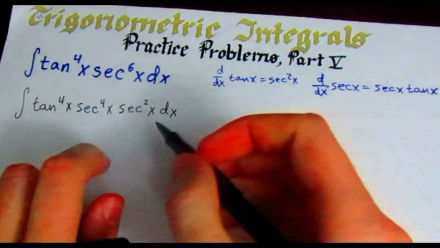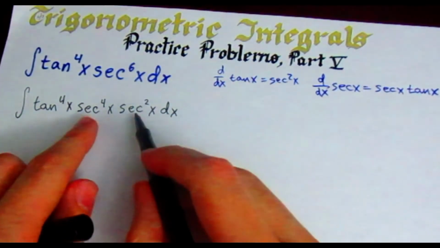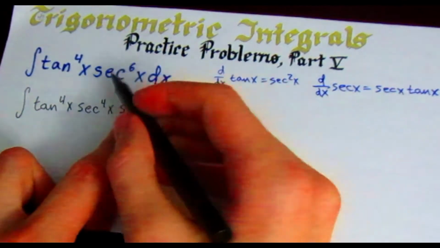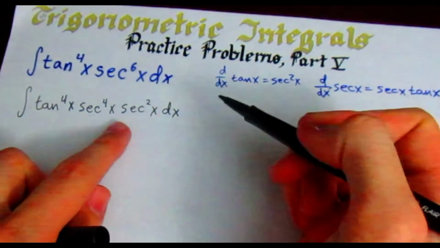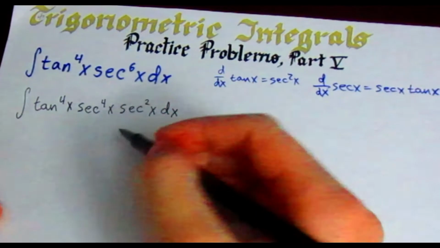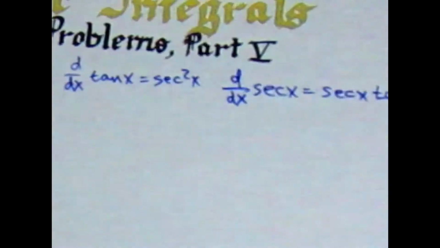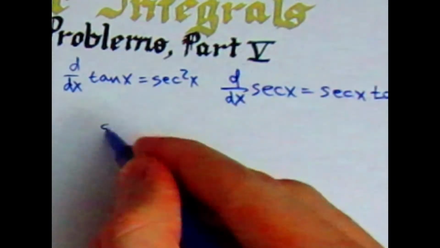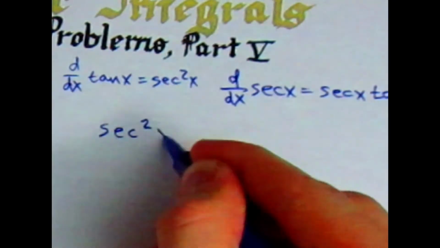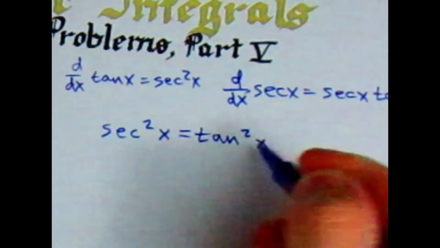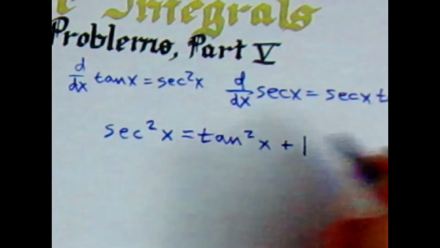Now if you multiply secant to the 4th and secant to the 2nd, it is equivalent to secant to the 6th power right up here. And now I want to use a trig identity right here. Recall that secant squared x equals tangent squared x plus 1.